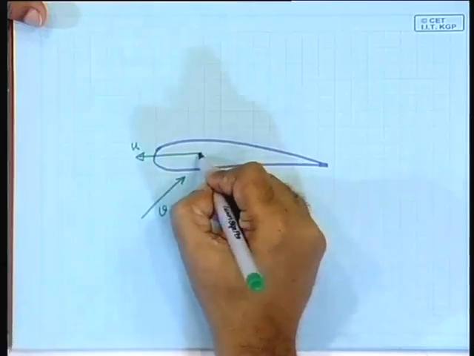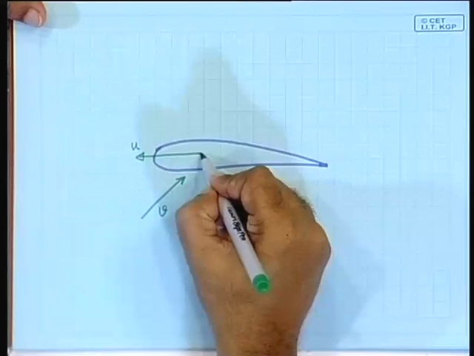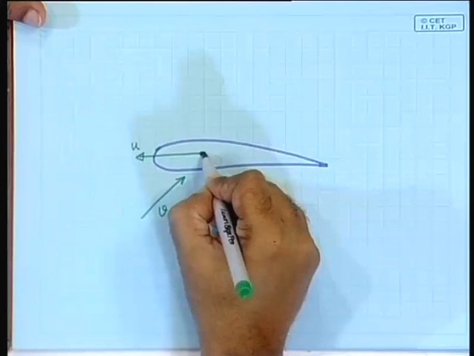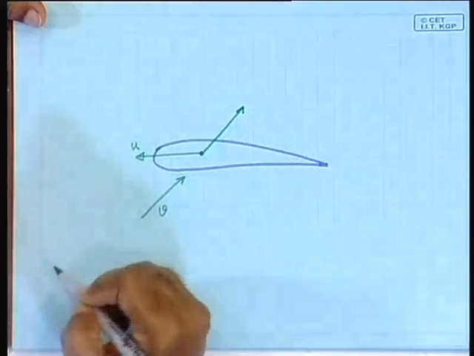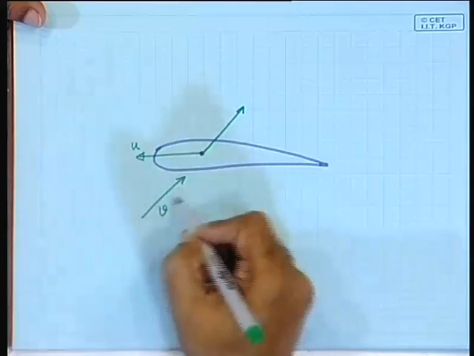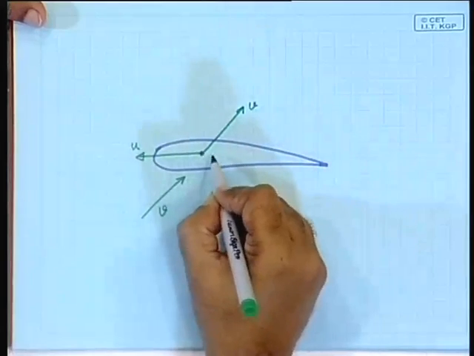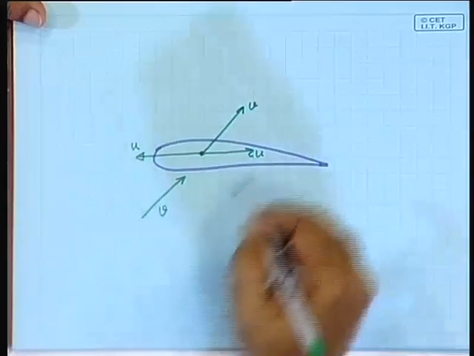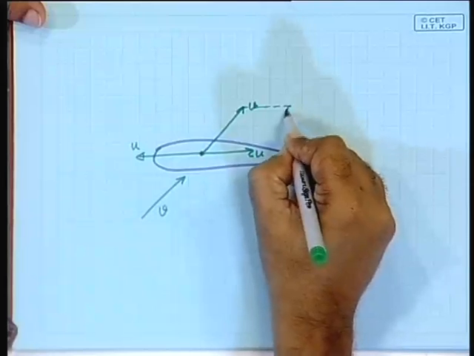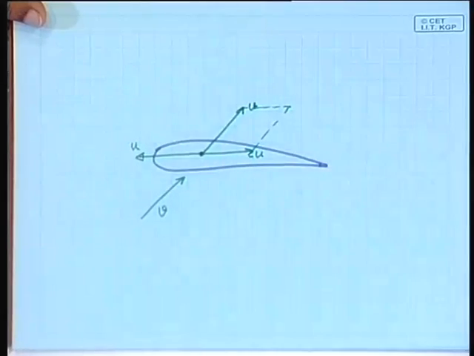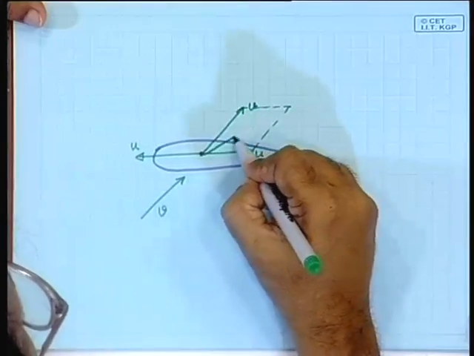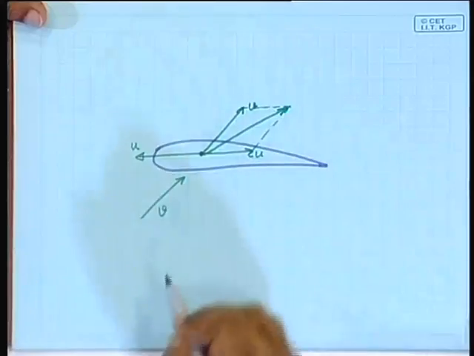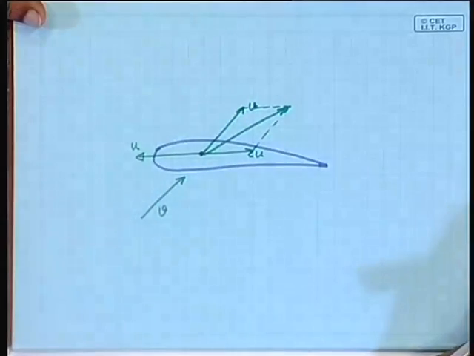You will have to take this, V, and you have to take the negative of u. You will have to obtain the parallelogram and I will say this is the speed seen by the airfoil.